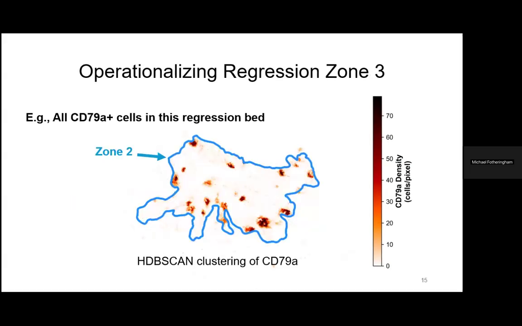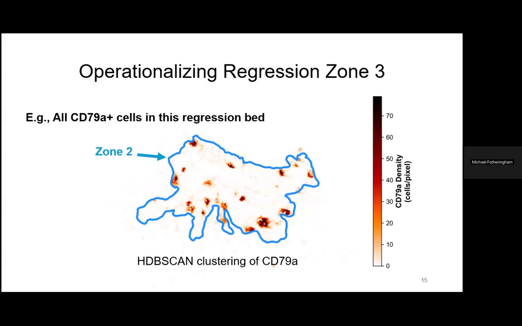For zone 3, our tertiary lymphoid structures, the challenge was being consistent, to capture every TLS and not miss any, and to not capture things that are just dense regions of B cells. So here we're looking at a heat map of CD79A, our B cell marker.